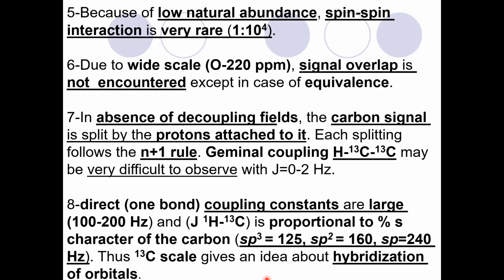To have two C13s in the vicinity of each other is 1 in 10,000. This is a very low probability to undergo coupling or to show coupling. The carbon-13 NMR scale is very wide, ranging from 0 to 220, in contrast to proton NMR, whose scale spans almost 12 ppm.